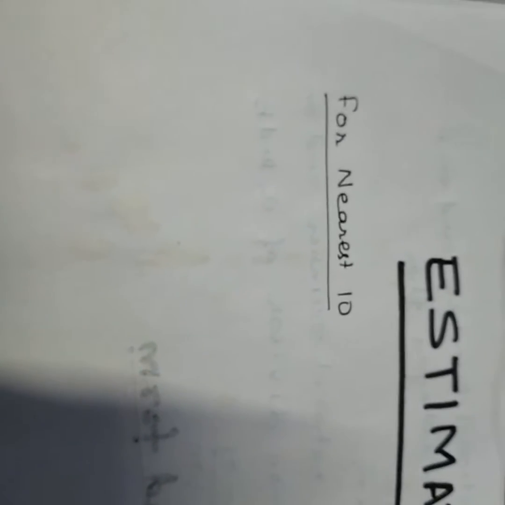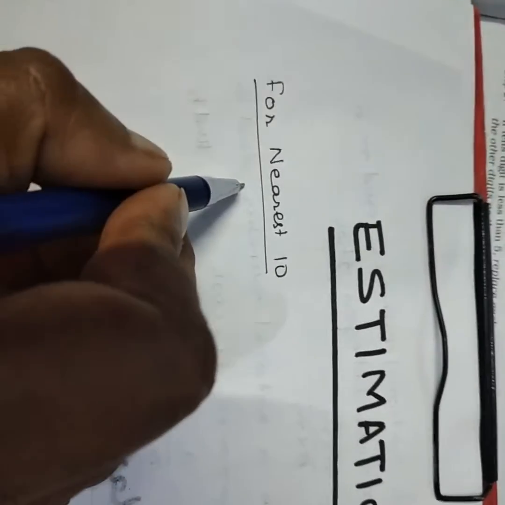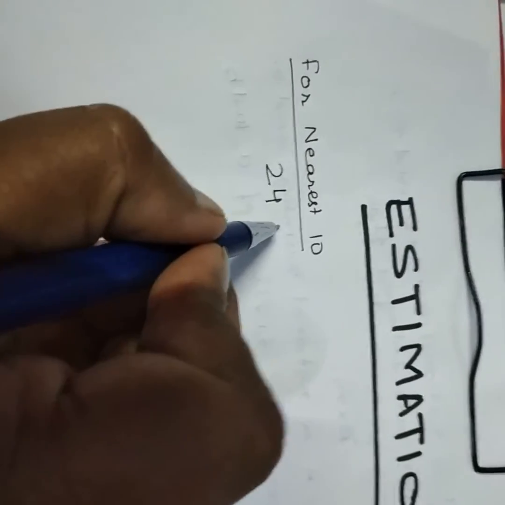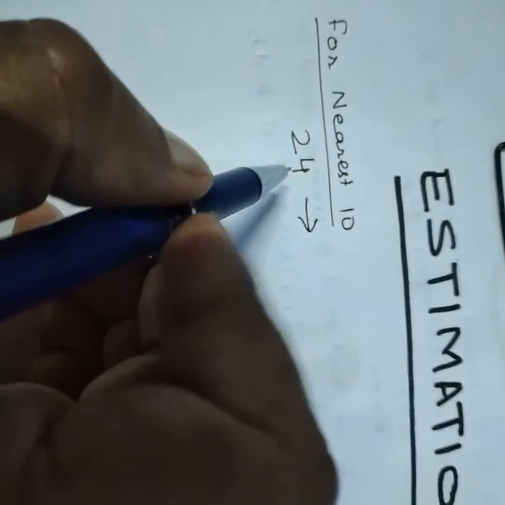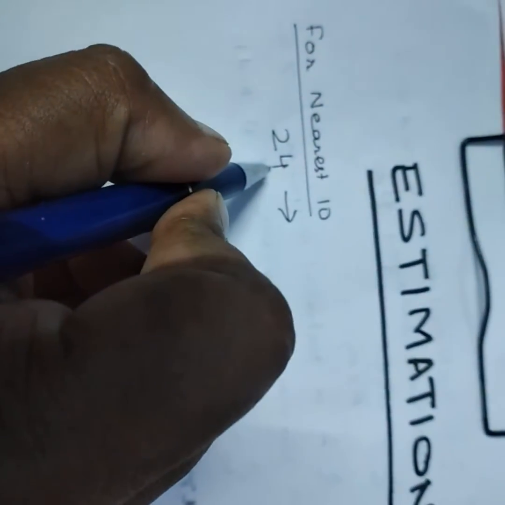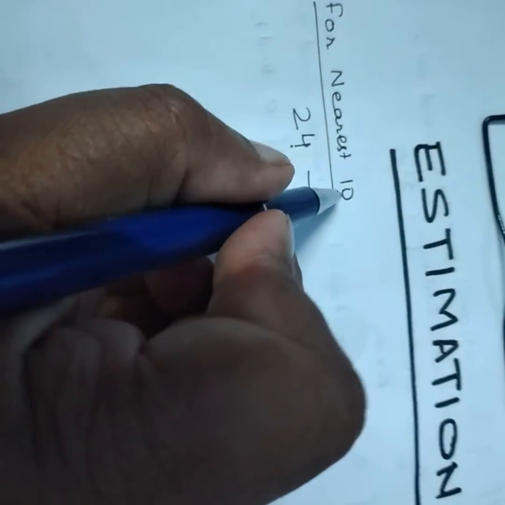For nearest 10, suppose the question is 24, then we have to find the nearest 10 of 24. Here, children, we look at the ones place, because we want the nearest 10.